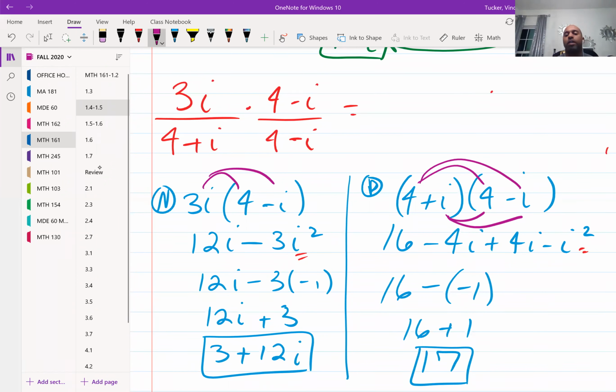Then i times negative i is negative i squared. 4i and negative 4i will cancel. And once again, don't forget, i squared is negative 1. So 16 minus negative 1, which would be 16 plus 1, and that'll be 17.